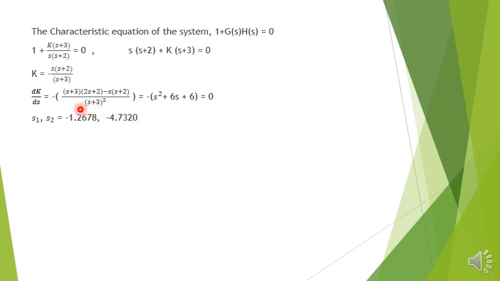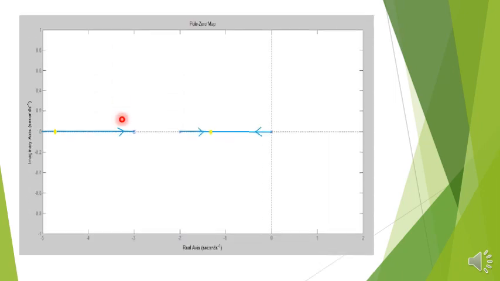Both possible breakaway points are real, so we can validate whether these are breakaway points by seeing the graph. So in this, -1.27 will come somewhere here.